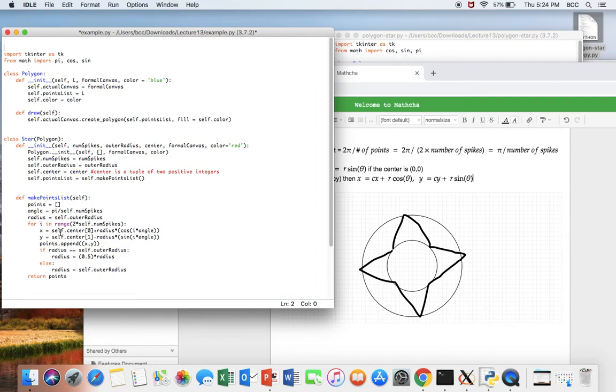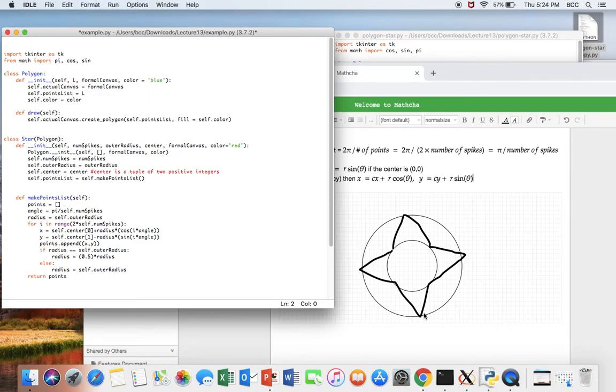So self dot center 0, where 0 means the first entry, or index 0 item, which is the x coordinate, plus radius times cosine of your angle. i stands for the number of the point. For the 0th point, no angle. For the first point it will be 1 times angle, second point 2 times angle, and that's how you go around the circle.